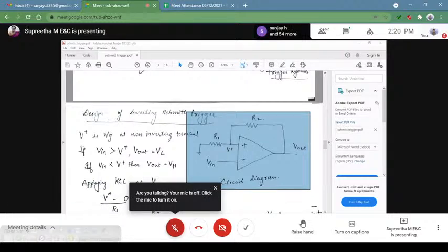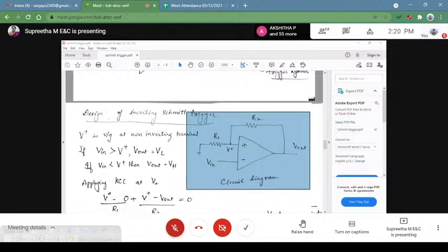Thus, V2 is your lower threshold voltage. So if you try to simplify it now, V1 is my upper threshold voltage and V2 is your lower threshold voltage, which is given by R1 by R1 plus R2 into VL and VH respectively.